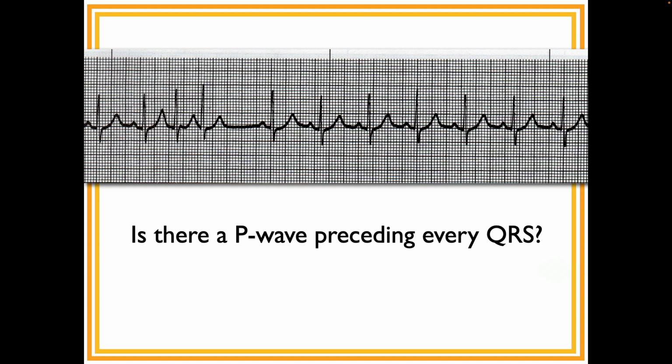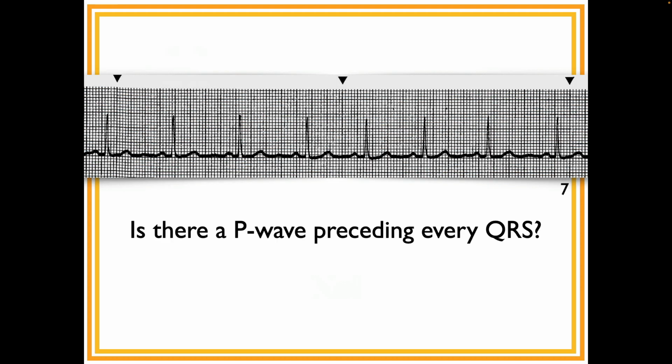So this is a T, this is a P, and then there's a T, and then I don't see anything here. This is a T wave. I don't see anything. Correct. So these are the ones that are missing P's. And again, we don't quite know why that is. We'll learn about this next week as well. But in answer to the question, no.